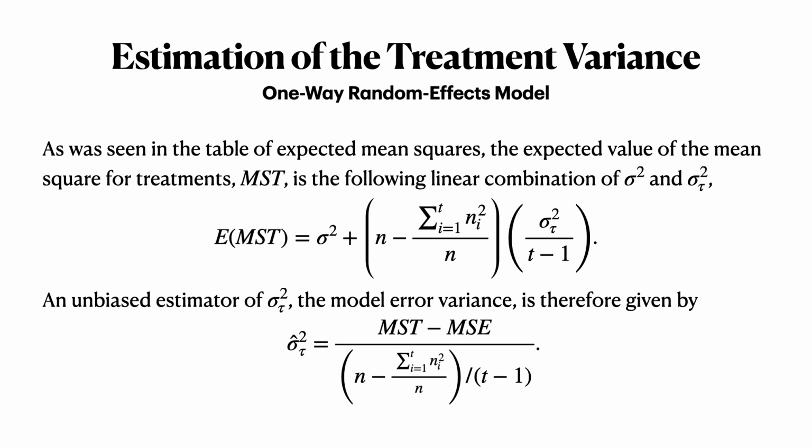From this, we can come up with an unbiased estimator of sigma squared sub tau. We're going to denote this estimator by sigma hat squared sub tau, and it's equal to the difference between the mean square for treatments and the mean squared error divided by this expression involving the sample sizes divided by t minus 1.